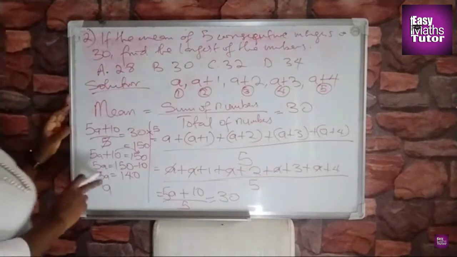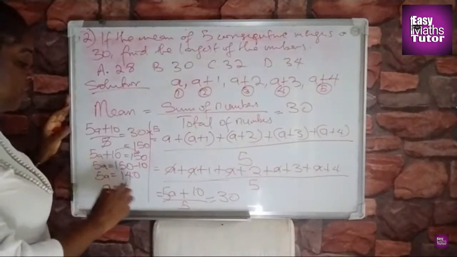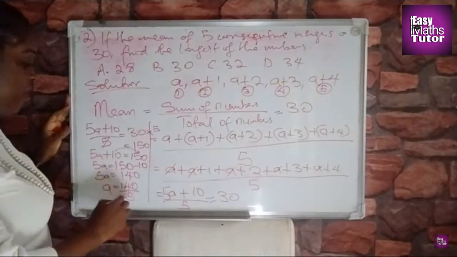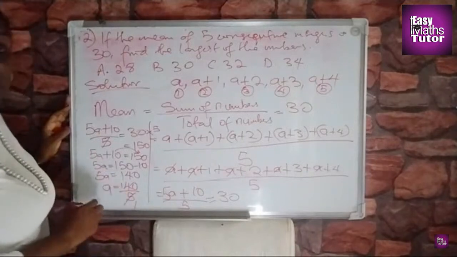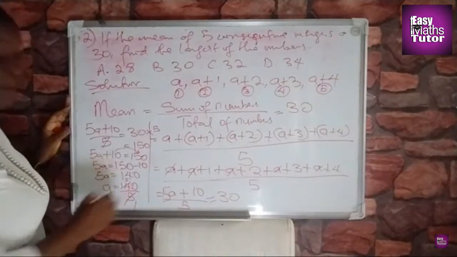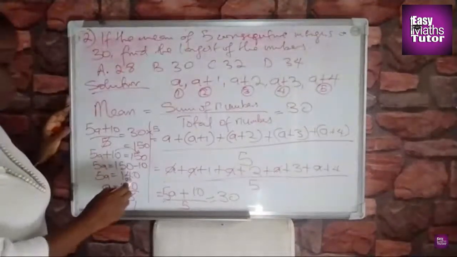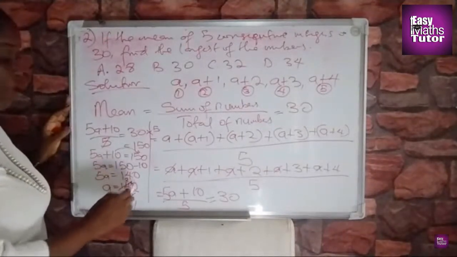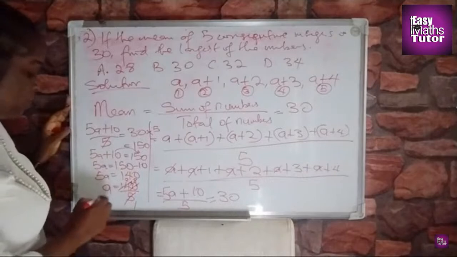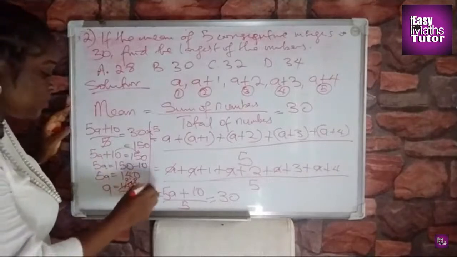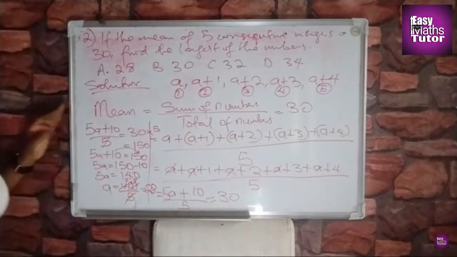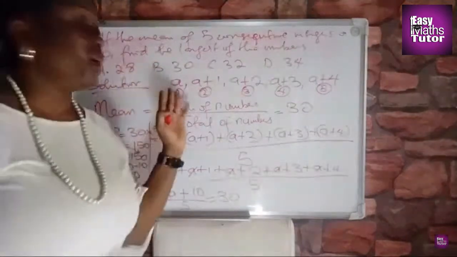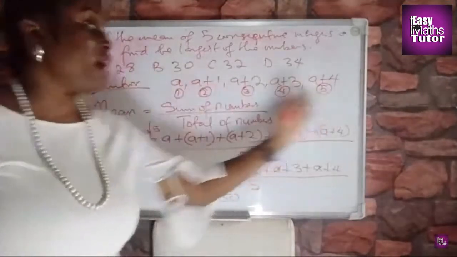A will be 140 divided by 5. 5 goes into 14 two times, remainder 4, 40 divided by 5 gives us 8. So A is equal to 28. Out of all these integers, which of them is the highest?